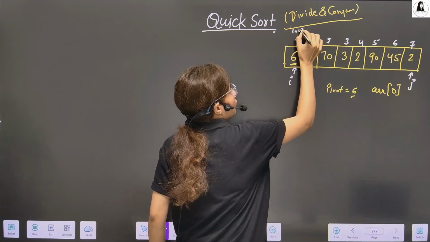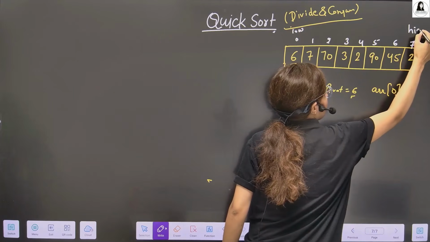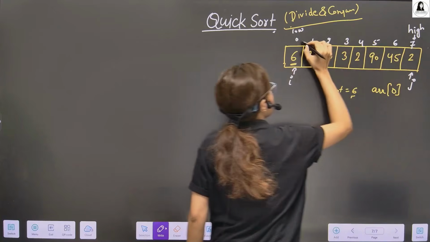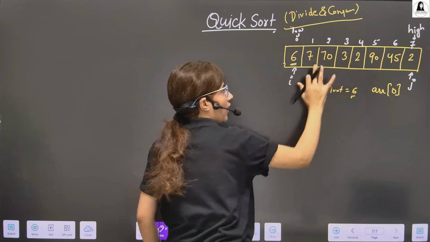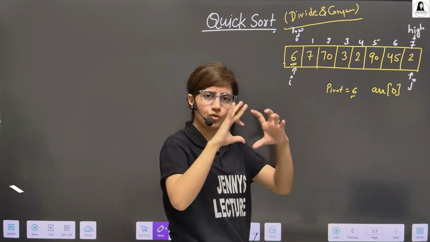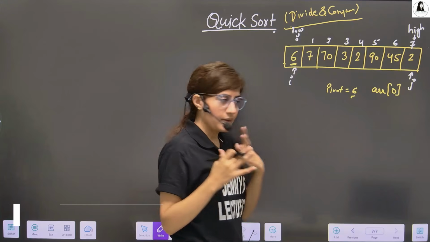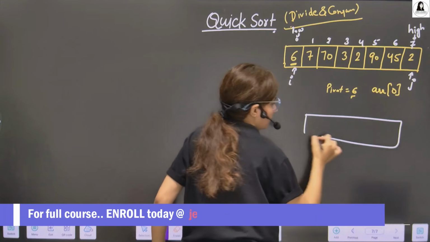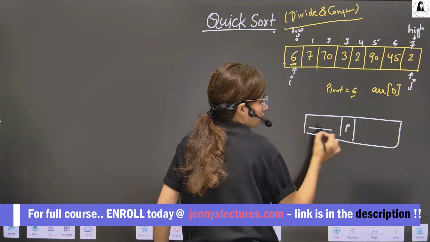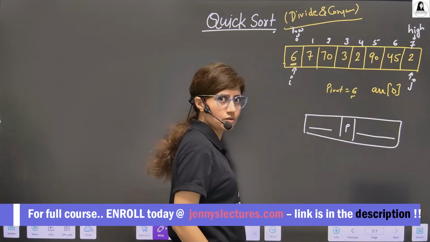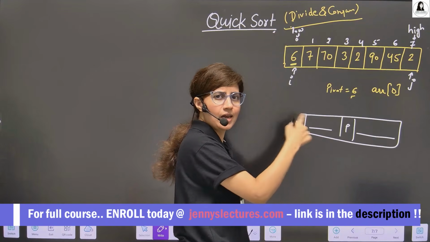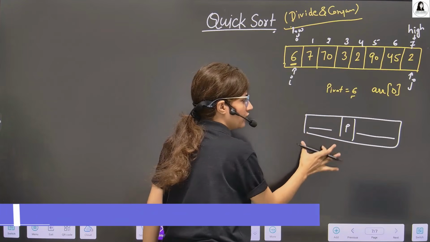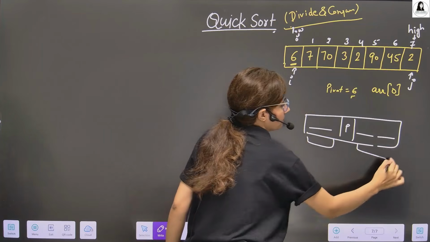This one was low, this is high. Low and high mean the lower bound and upper bound of the array on which I am working. After dividing into two parts, this is my pivot element, this is my first partition and this is my second partition. Then I'll apply the same process recursively on this part and on this part.